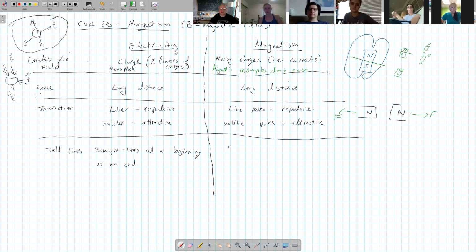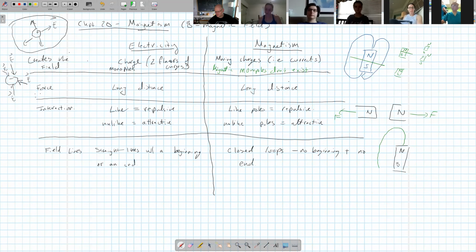For magnetic fields, these are actually always going to form closed loops. Hence, there is no beginning and no end. So anytime I have a magnetic field, such as we drew here, for example, if I look at a bar magnet, and let's say this is the north side and this is the south side, then magnetic field lines would come out, wrap around, go through the bar magnet itself, and then create a closed loop.